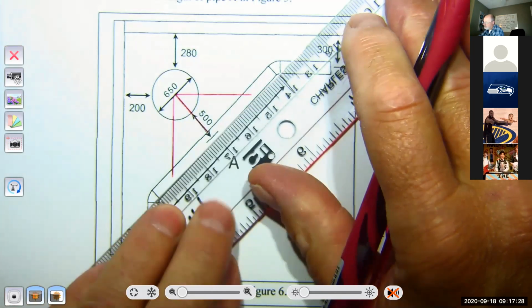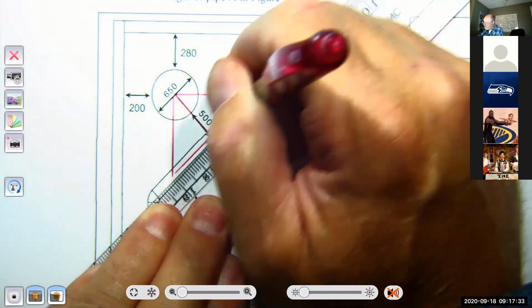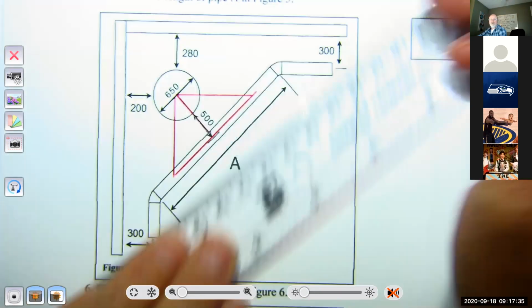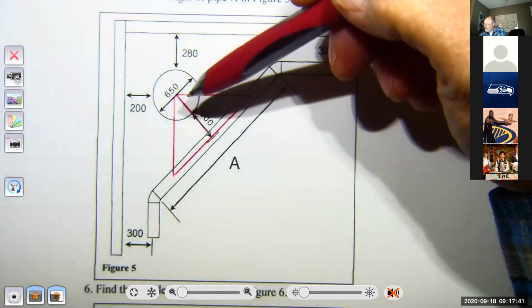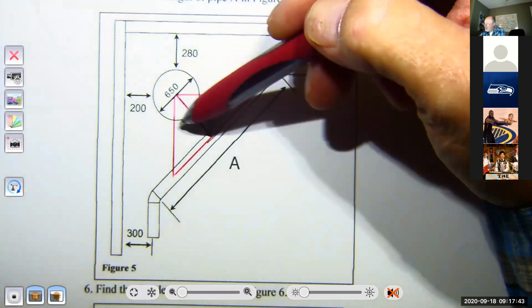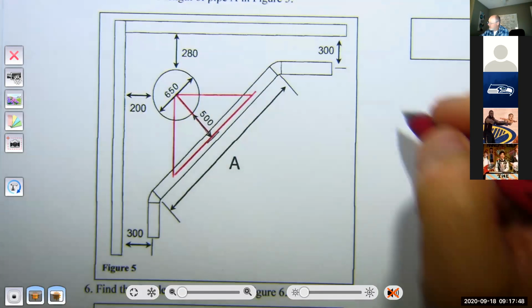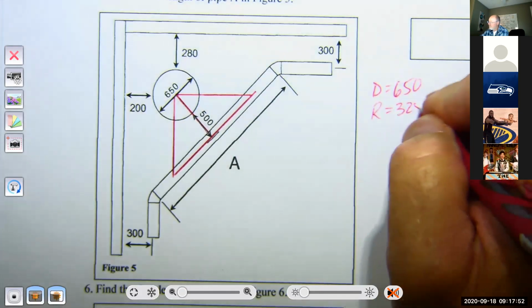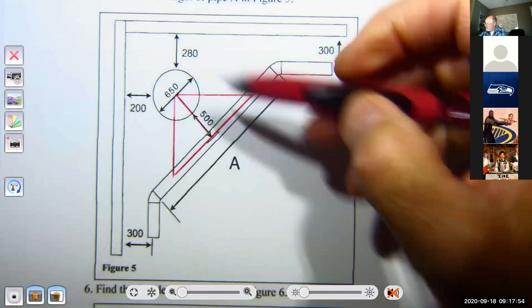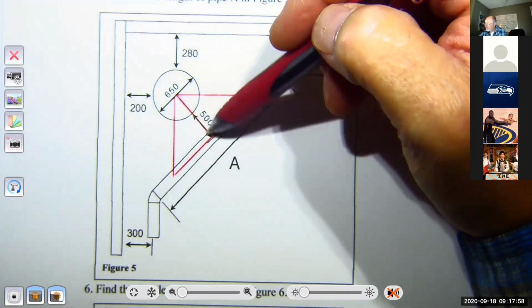Now I have two 45-degree right angle triangles. So if this diameter is equal to 650, then the radius has to be 325. So this is 325 plus 500.